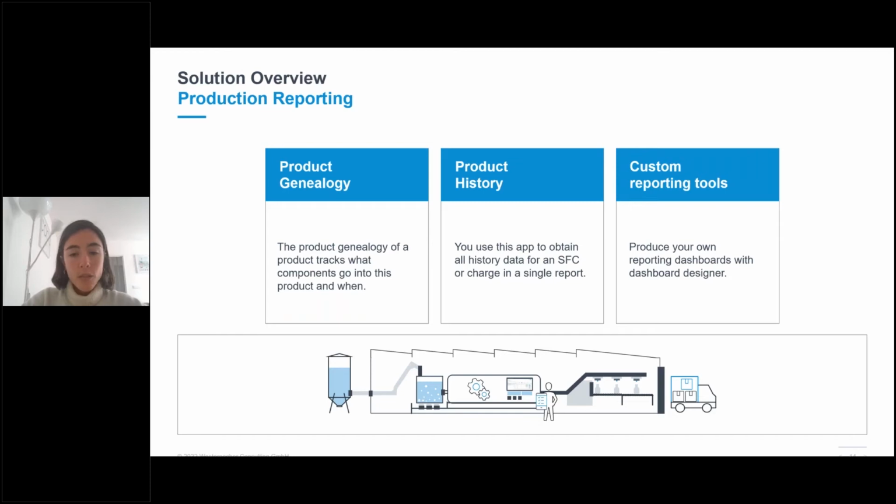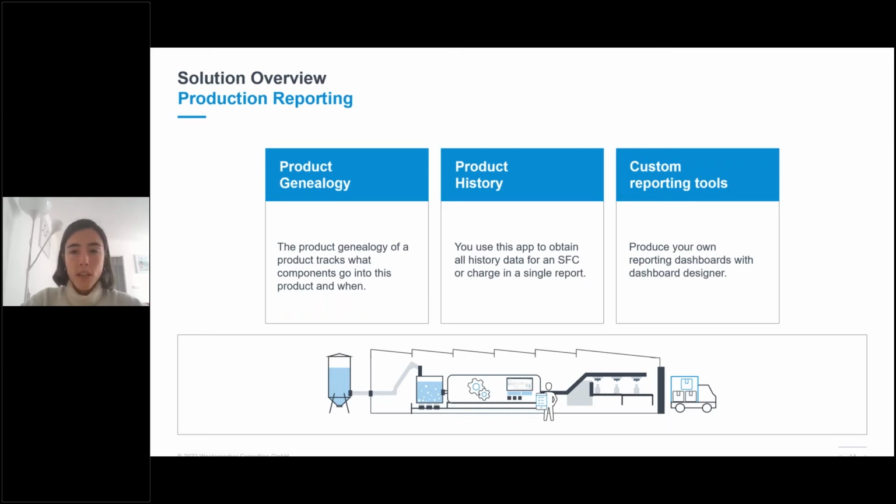Then here we talk about custom reporting tools. This is a functionality, again from the Insights module, where we can design our own dashboards with the KPIs that we choose. This can be either standard KPIs or custom KPIs that we choose how to display, and we might need a dashboard that combines our cycle time with, I don't know, the orders that are started on time, and we can publish these dashboards in new tiles.